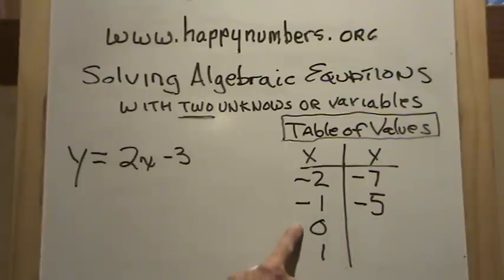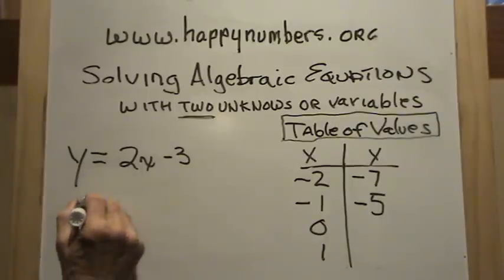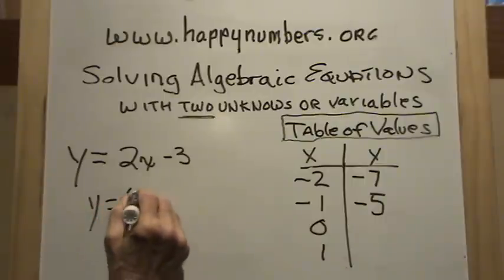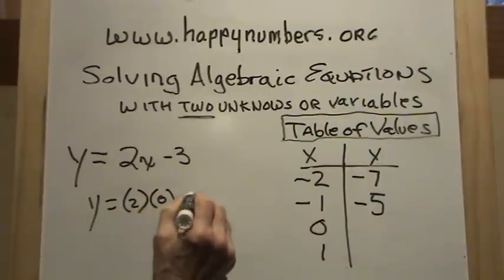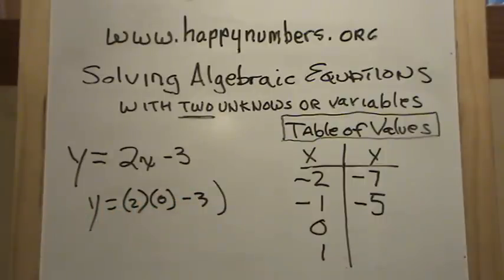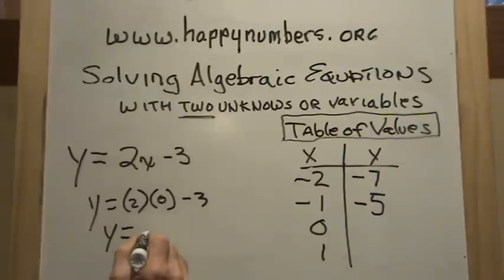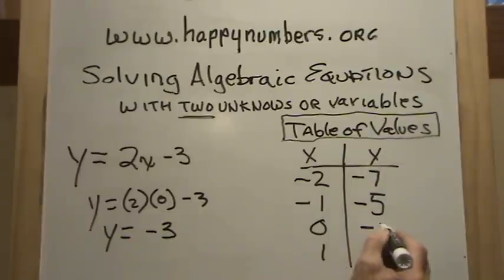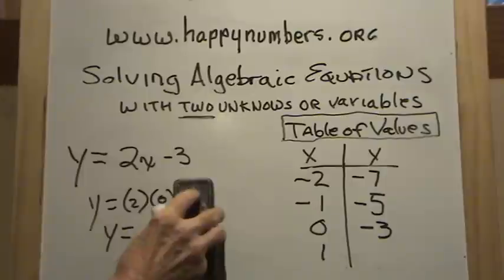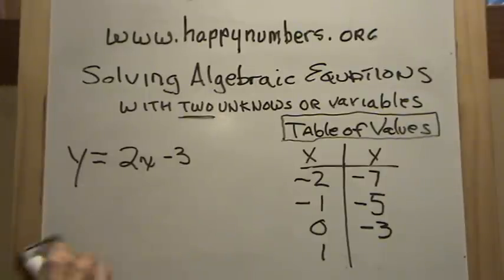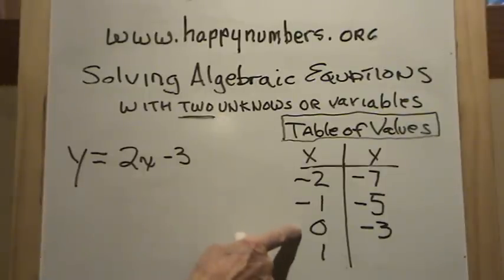Let's go here. If x is 0, so we substitute, y is equal to 2 times 0 minus 3. Well, y is equal to, well, 2 times 0 is 0, so y is equal to -3. So in this equation, if x is 0, y is -3.